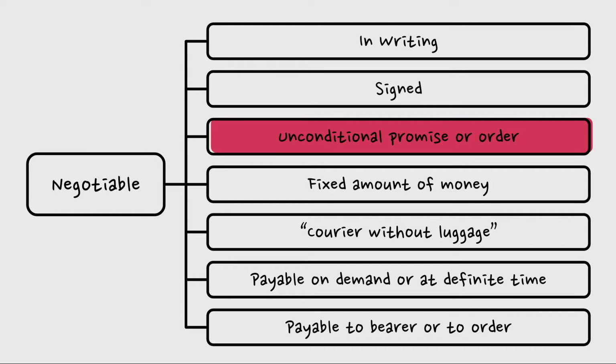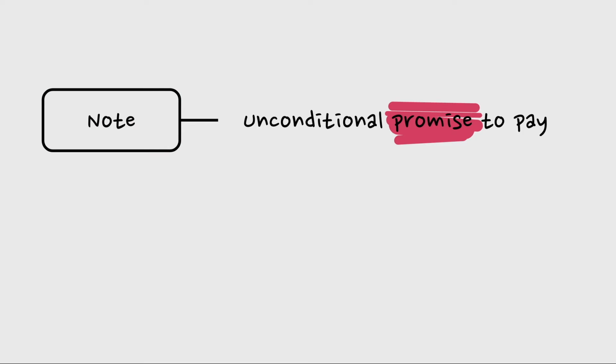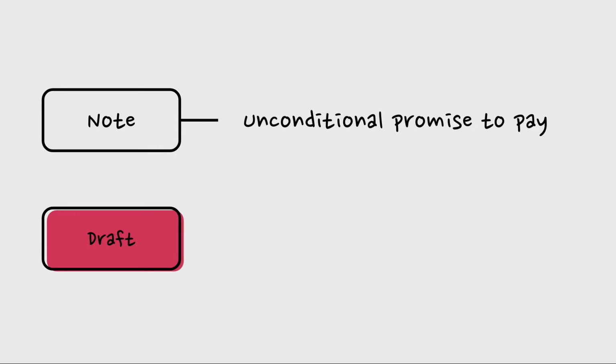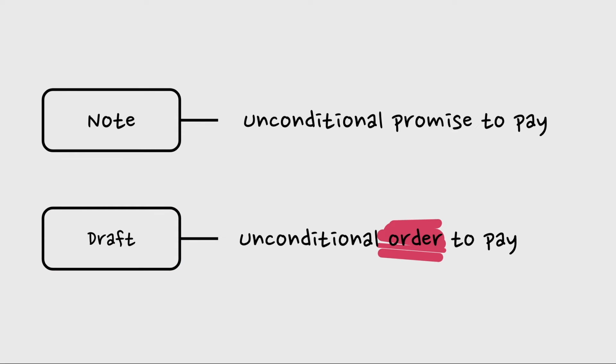By the person who is writing out the check. They're the ones who must have signed it. And we said that it's got to have an unconditional promise or order. If we're talking about a note, then we've already said what makes something a note is it has a promise to pay. So it must have an unconditional promise to pay. If it's a draft, it has to have an unconditional order to pay.